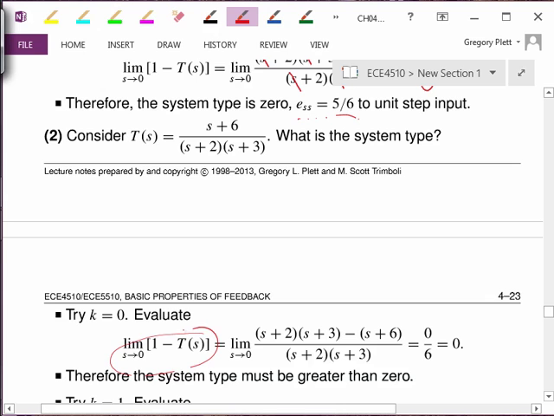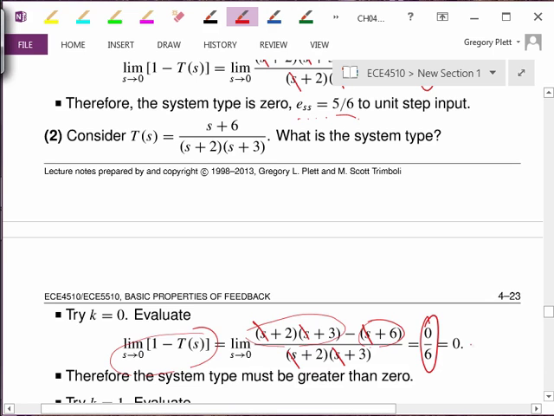We do 1 minus T(s), which gives me the same denominator, but the numerator is different from before. As s goes to 0, the s terms go to 0. My numerator is 2 times 3 minus 6, which is 0. My denominator is 2 times 3, which is 6. 0 over 6 equals 0.